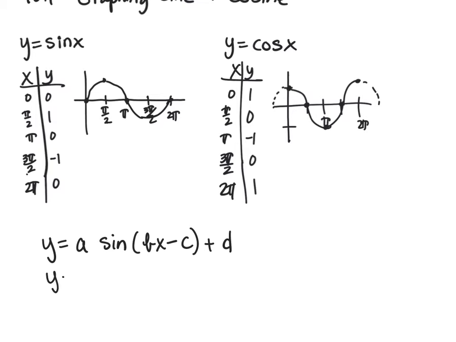It doesn't matter if it's that form or you have the cosine here. Your strategy is the same for each of these. You just have to remember where cosine starts and where sine starts. If you remember that, it will help you on all of these. Other than that, the things are pretty much all the same.